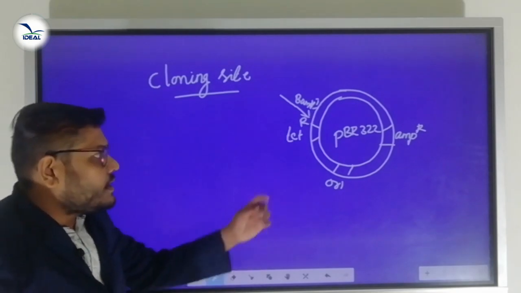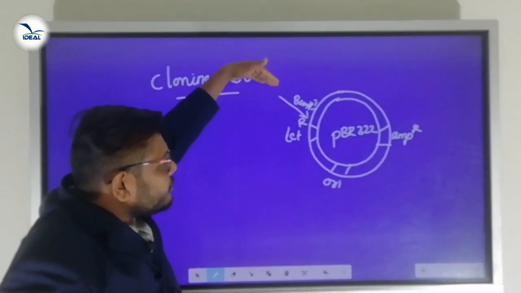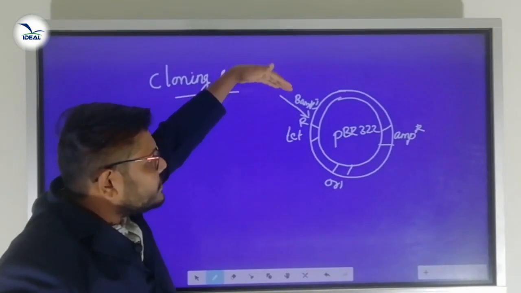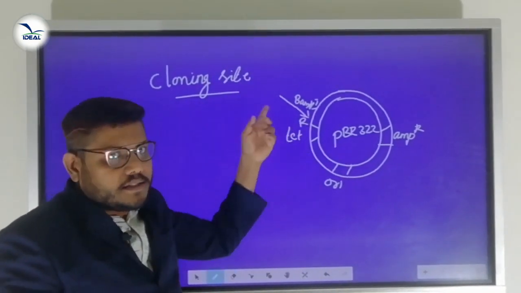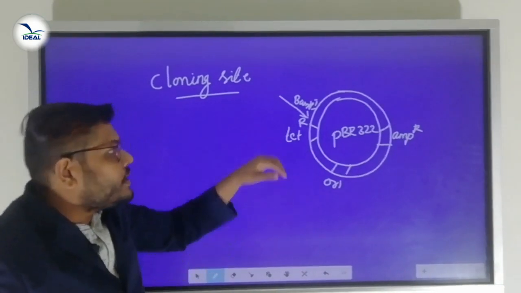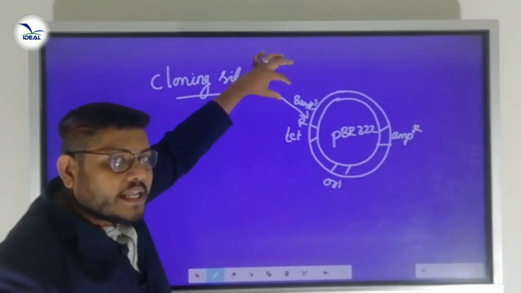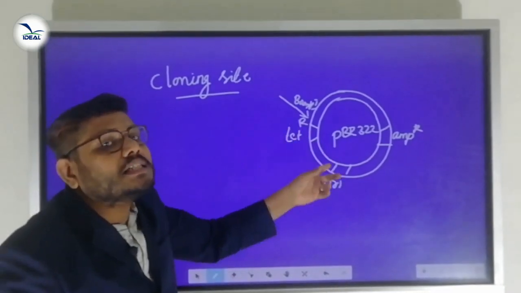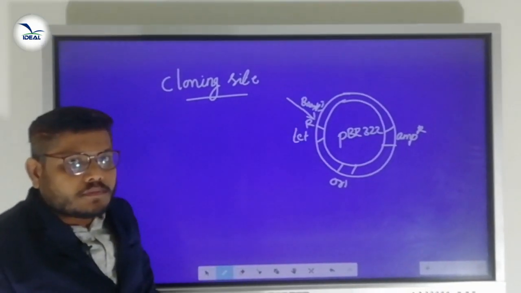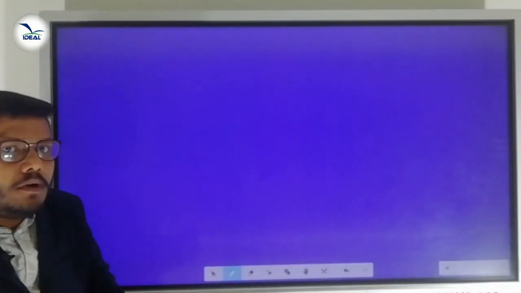Is it clear? If that ligation takes place in the tetracycline resistance gene, what will happen? That foreign DNA loses its tetracycline resistance. Is it clear?